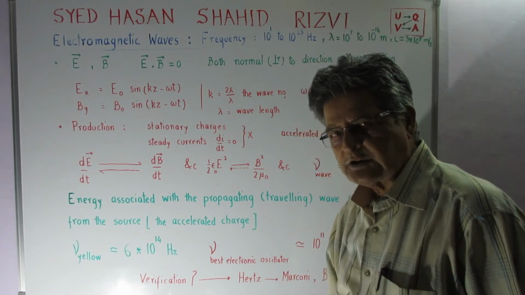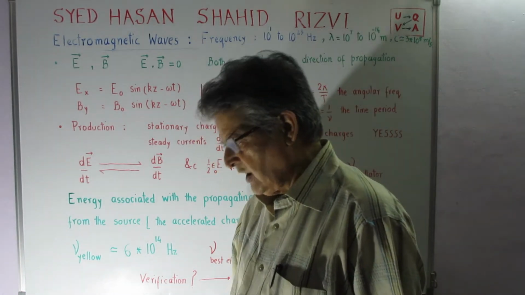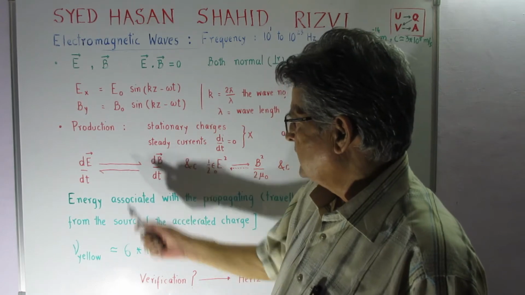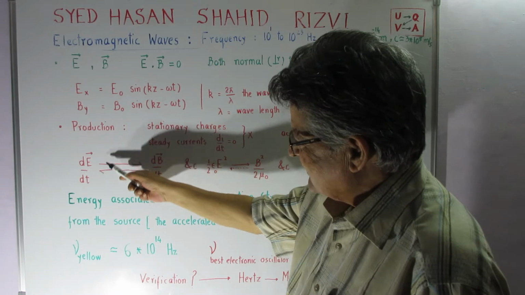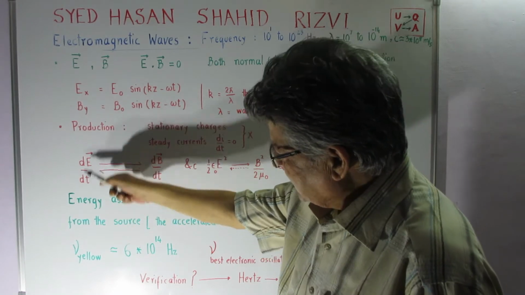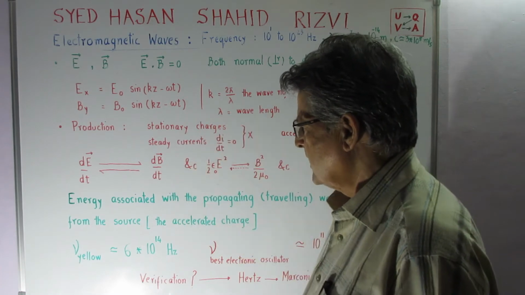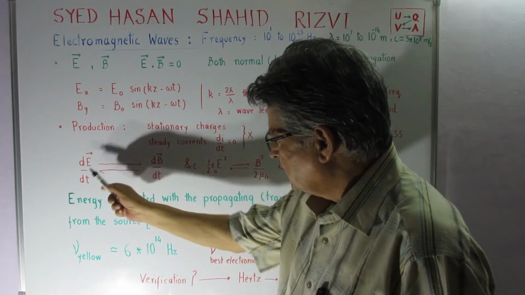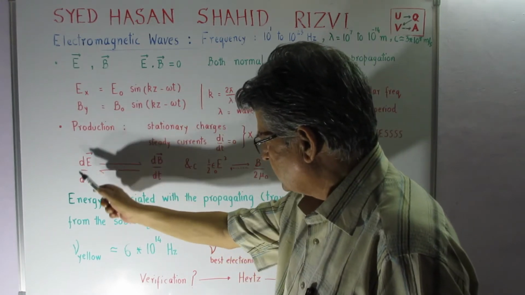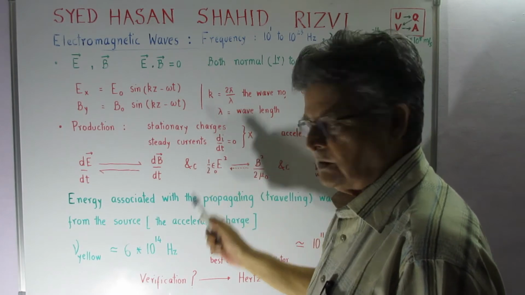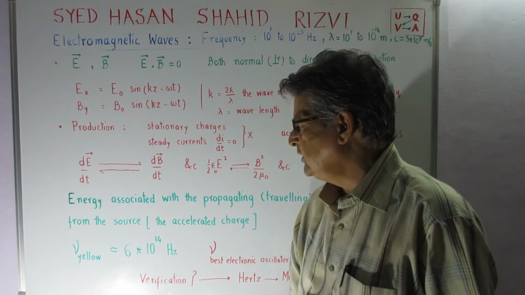Because accelerated charges give rise to magnetic fields, those which change with time, and we'll see that dE/dt gives rise to dB/dt, and dB/dt gives rise to dE/dt, and that to this and this to this and so on. This process is continuing.